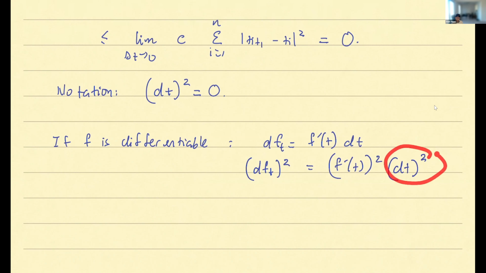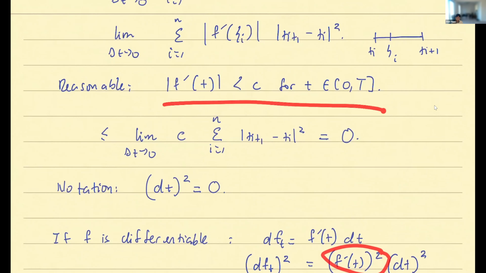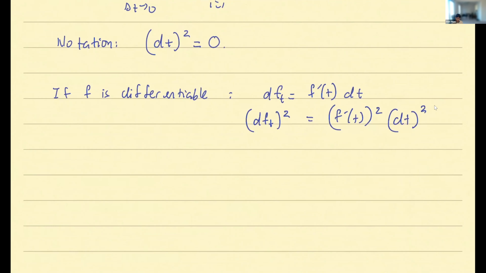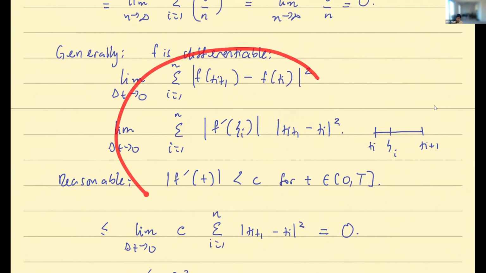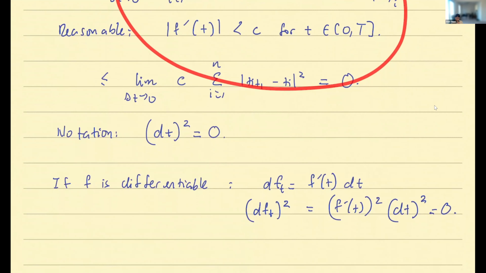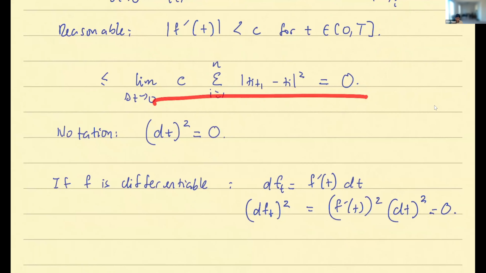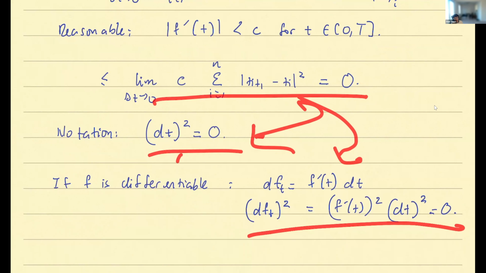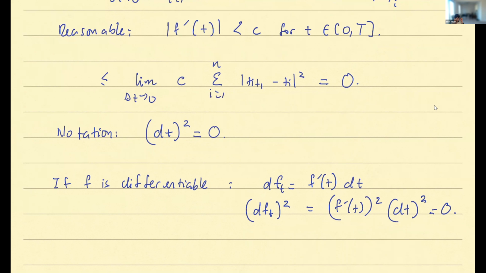But dt squared is 0. So as long as this guy is not infinity, which is exactly that thing here, then this is going to be 0. And that's this thing. Again, after you establish the proof, then you can use notation to capture that proof. But this will be quicker for our thinking later on. Any question?